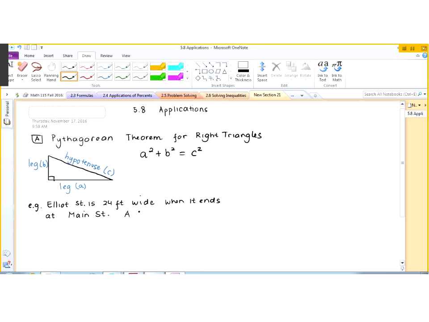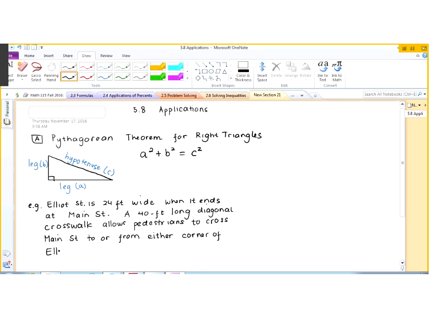A 40 feet long diagonal crosswalk allows pedestrians to cross Main Street to or from either corner of Elliott Street. Determine the width of Main Street.